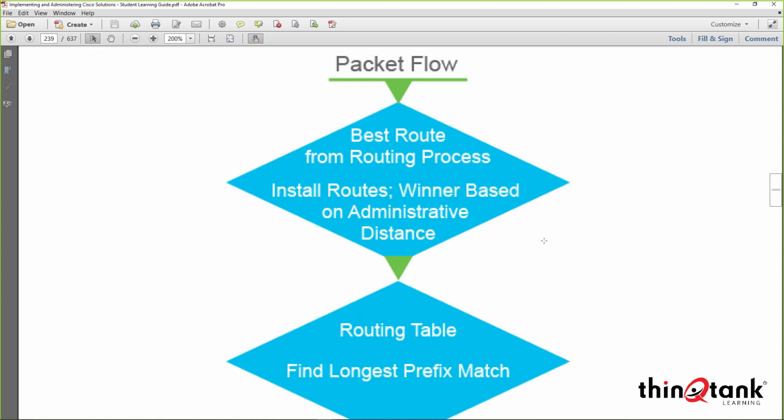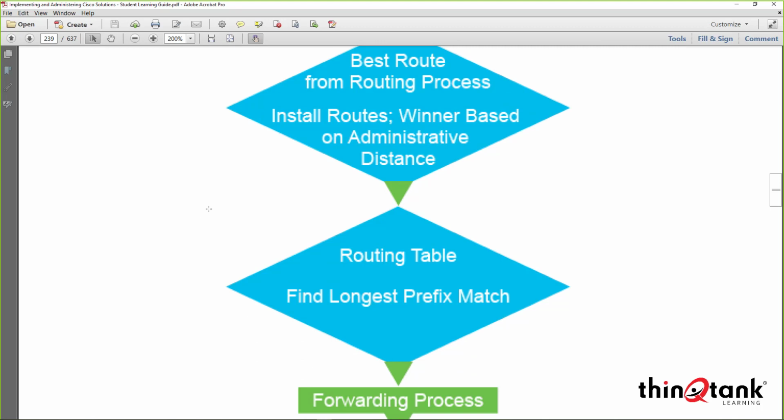Again, administrative distance never comes into play if there's not a tie, if there's not two exact routes that are the same. So it's not considered a metric. It's not really considered a way of determining the best path. It's really determining the trustworthiness of the routing protocol.